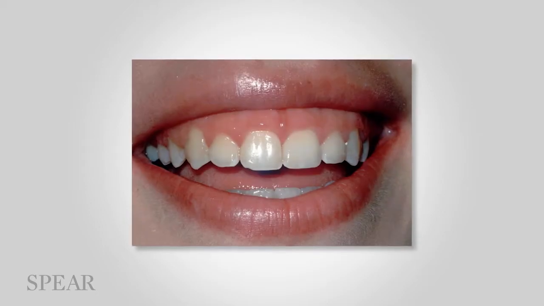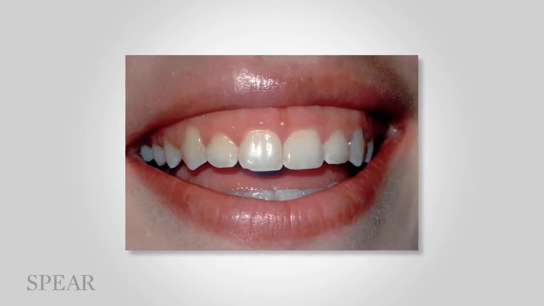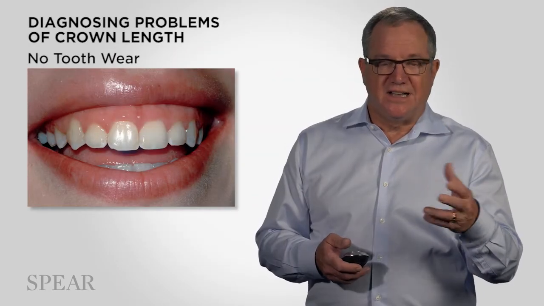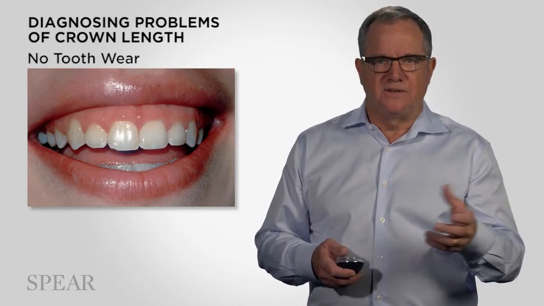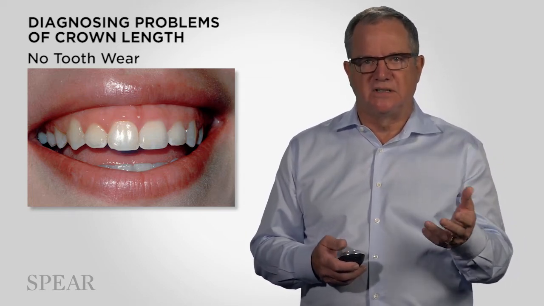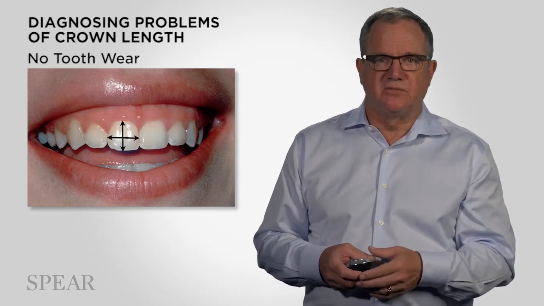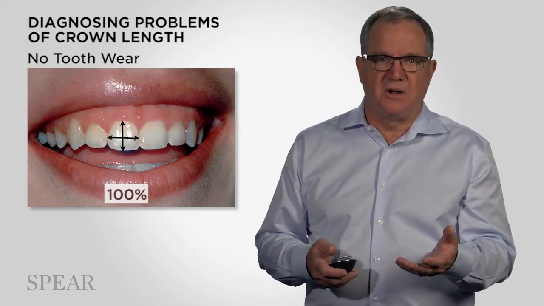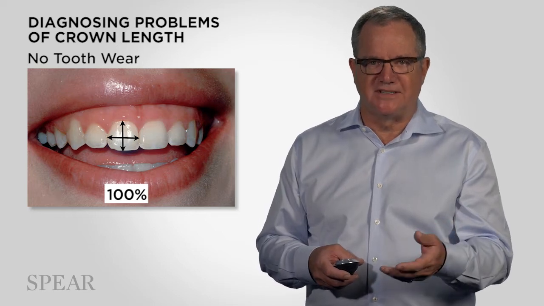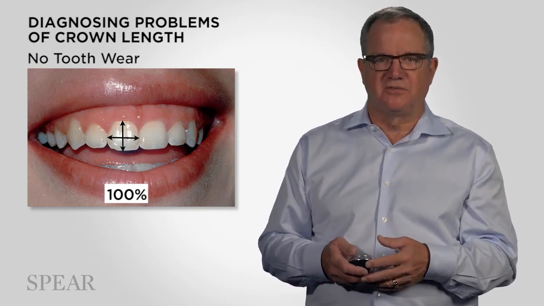So if we go back to our patient whose complaint is she doesn't like her smile, she thinks her teeth are too small and she shows too much gingiva, we realize that in fact she has no tooth wear at all. This is not somebody who's worn their teeth off, and that's why she looks the way she does. If we measure the width and length ratios of her teeth, they're basically square. And so it'd be very rare to have an unworn central incisor with 100% width to length ratio.